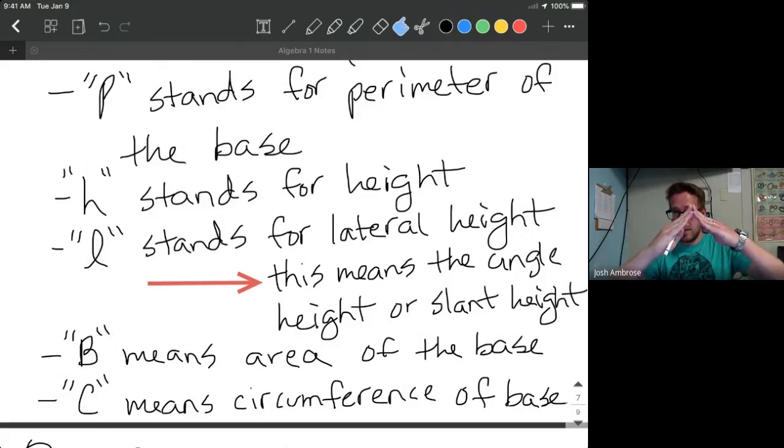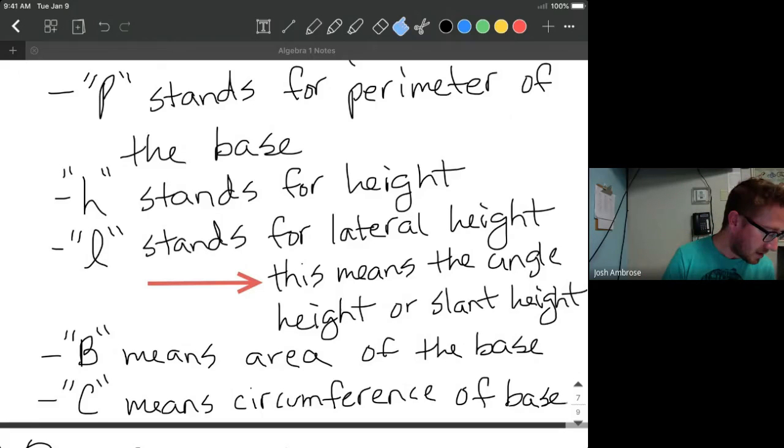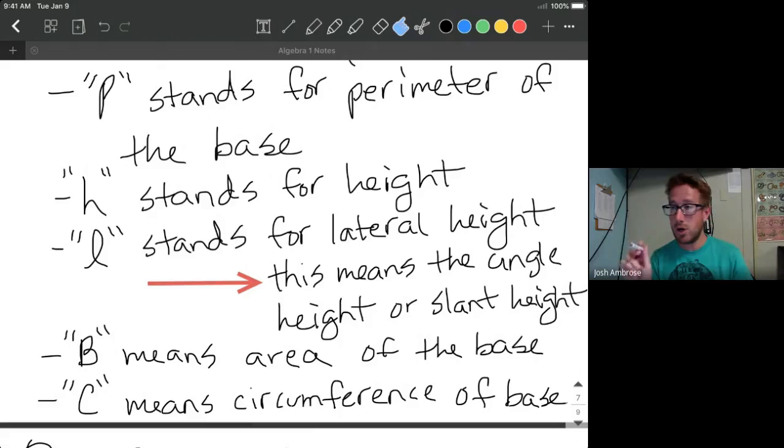So that's going to be these shapes that have an angle height, not a perfect up and down. That is just H. I'm talking about shapes that have a curve, an angle height. And if you look at the textbook, that's going to be your pyramid and that's going to be your cone. Those are the 2 shapes that are going to have a lateral height.